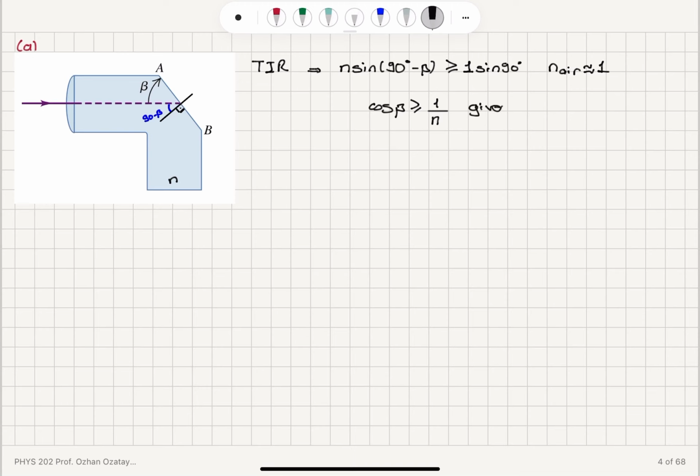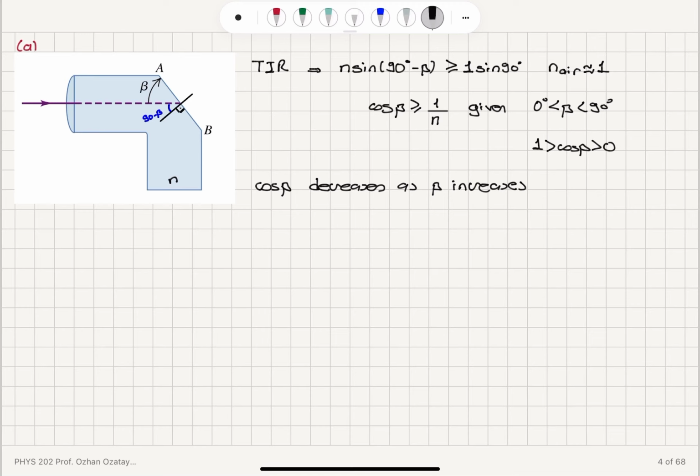Now, given that this angle beta will be a value between 0 degrees and 90 degrees, cosine 0 is 1, cosine 90 is 0, so the cosine is basically between 1 and 0. So cosine beta decreases from 1 to 0. So as beta increases from 0 to 90 degrees, cosine beta decreases as beta increases.